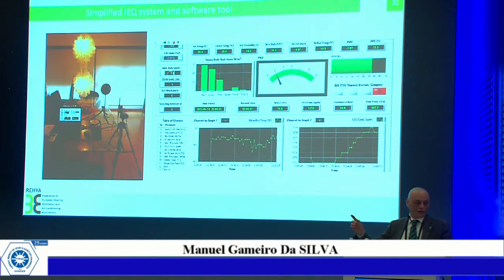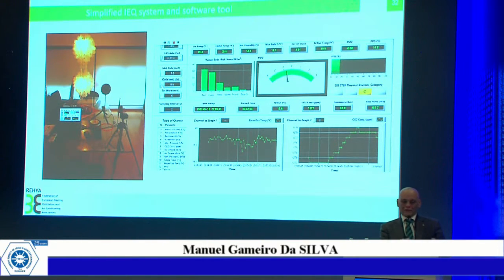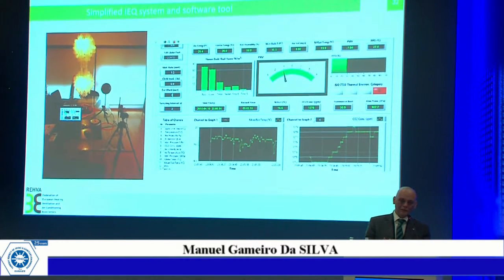So the conditions moved, let us say, from A or B to D, to uncomfortable, because the activity metabolic rate decreased. And I've done something similar, for instance, with the clothing values. This is also a way of showing that this classification is very much dependent on the human parameters.